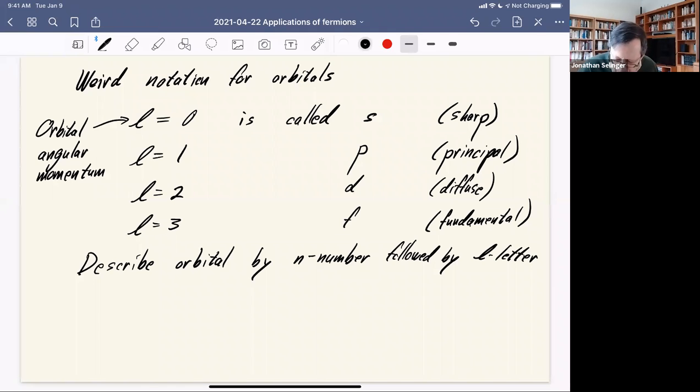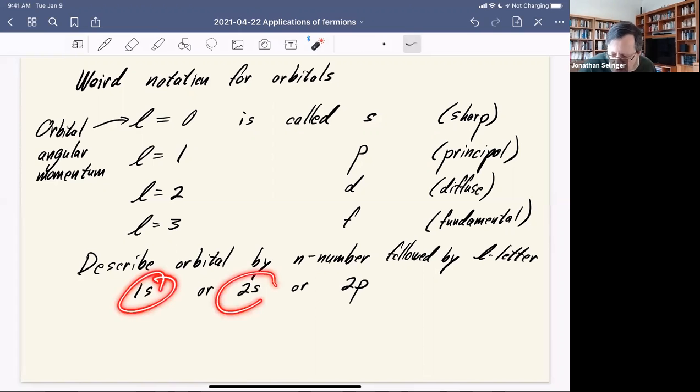So you could describe an orbital as 1s or 2s or 2p or so forth, okay? And that means n equals 1, L equals 0, n equals 2, L equals 0, n equals 2, L equals 1, and so forth.